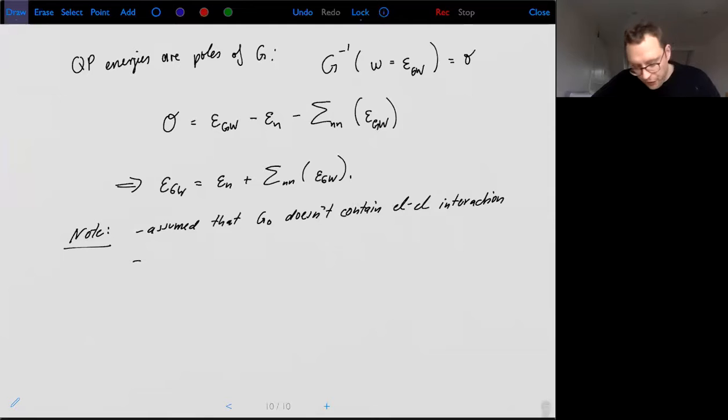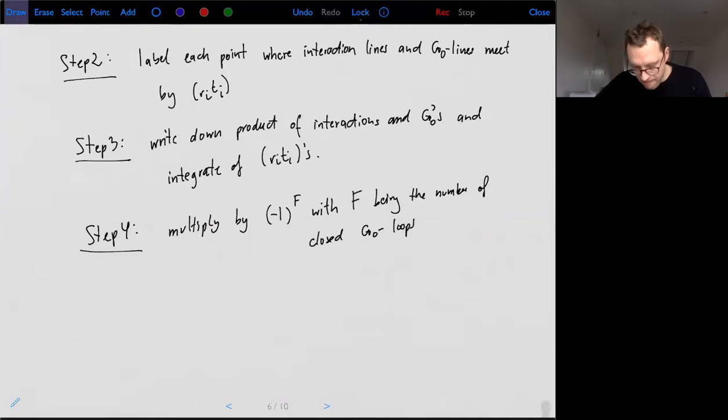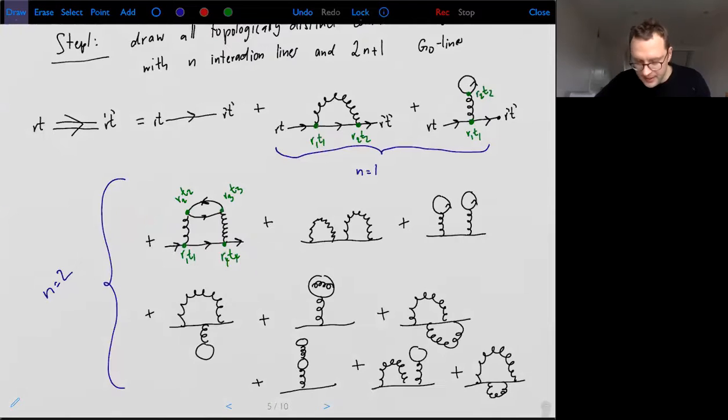And for this, we first basically note that the self-energy already contains a Hartree contribution, right? So we said that when we look at this diagrammatic series, one of the n equals 1 diagrams describes the Hartree interaction.